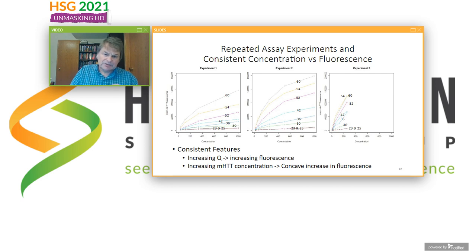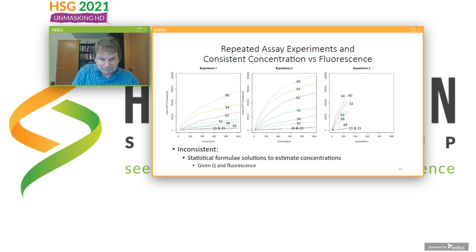And we can also see that when we get into longer Q lengths, that ideal linear relationship between concentration and fluorescence is no longer quite linear, and instead the curves start to turn into curves. They're curving downward, they're concave. So we need to worry a little bit about that feature of things as well.